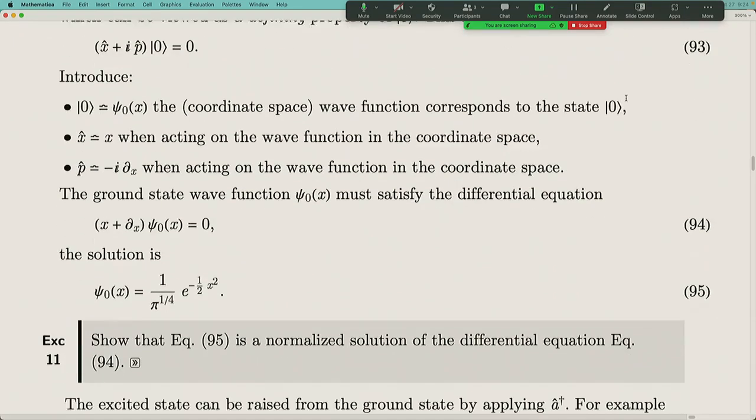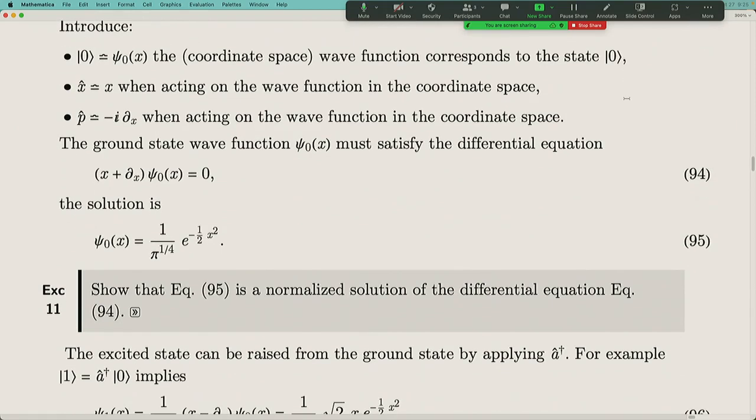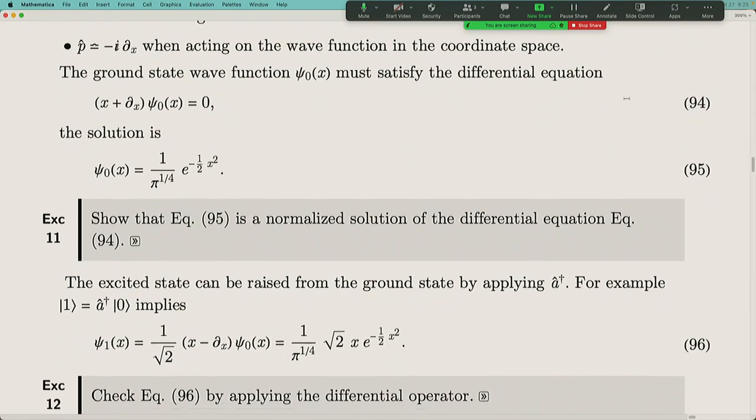This differential equation is the only differential equation we want to solve in this lecture, and then the solution is like that. I think this differential equation is not very difficult to solve. If you don't know, you can try to solve it yourself. So the answer basically is the Gaussian. If you don't believe it, you can substitute this Gaussian into this equation, and then you can show that it satisfies the differential equation.